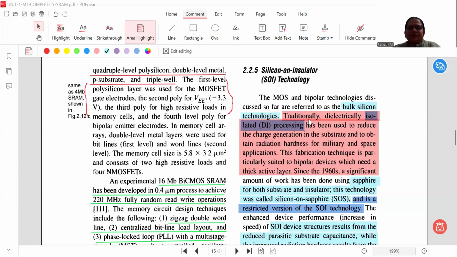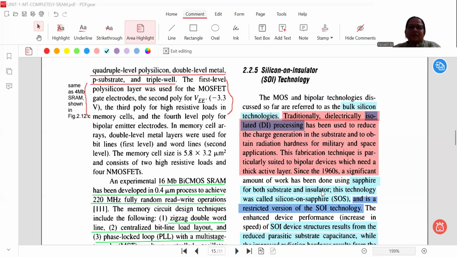So to avoid this, silicon on insulator technology has come up. A substantial amount of work was done on silicon on insulator using sapphire for both substrate and insulator. Generally, silicon on insulator prior to CMOS used a silicon substrate with silicon dioxide as an insulator.